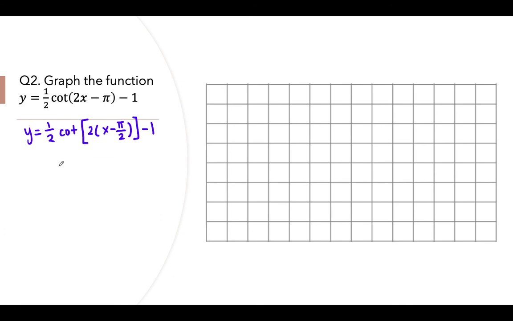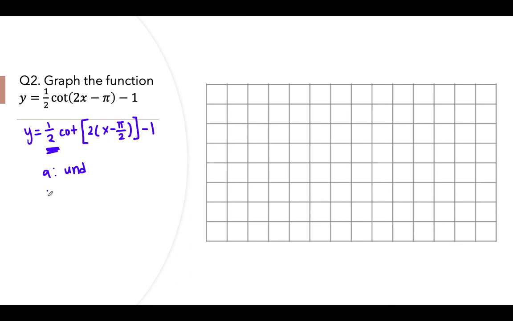Okay, so let's identify all the characteristics. So amplitude in this case is undefined, so it doesn't matter because there's no max or min, but keep in mind that 1 over 2 is going to affect where your turning point is going to be located for each curve.